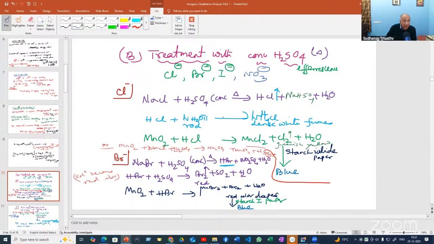And if you take a glass rod dipped in concentrated ammonia solution and show it to the HCl gas, the HCl is colorless, but with the rod dipped in ammonium hydroxide there will be dense white fumes.